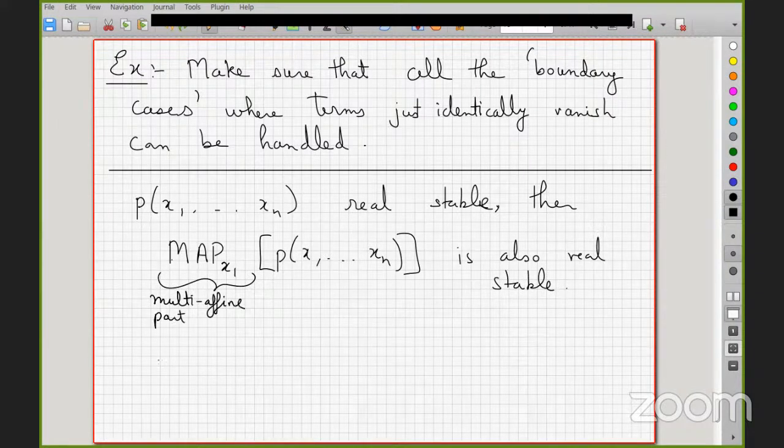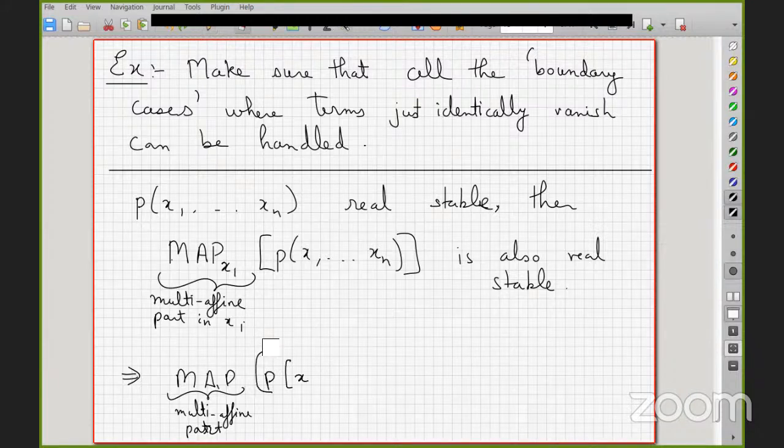Then you can apply it to all the variables, one by one, which implies that the multi-affine part, that is, all those terms in which every variable has degree at most one, is always real stable. Affine, because the constant term also survives.